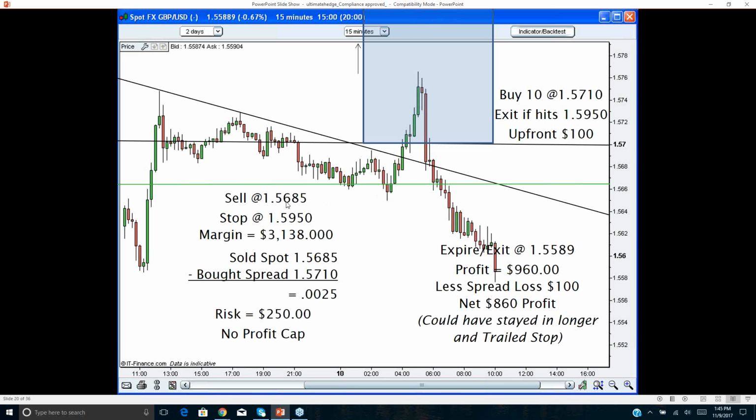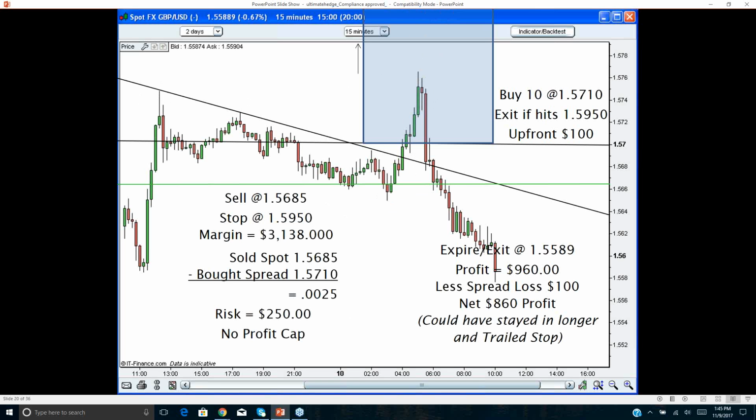Because remember, on the spot forex, I sold it at 56.85. Okay. Remember, I had that stop. Where's my stop now? Remember, my stop was right here on the initial forex trade. Now my stop is another 225 pips above it because I'm covered all the way up there.